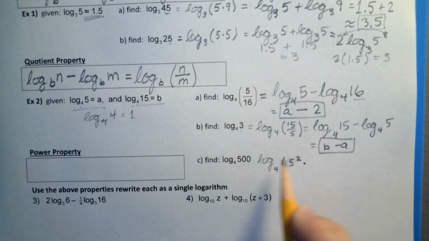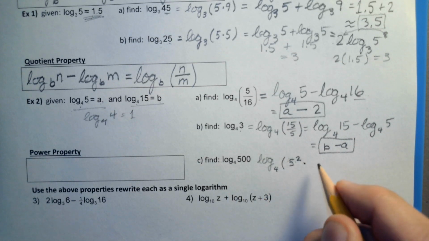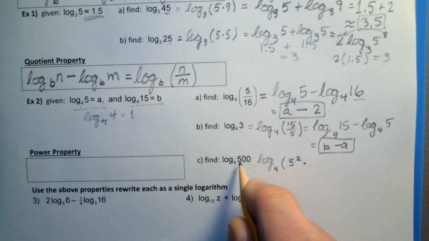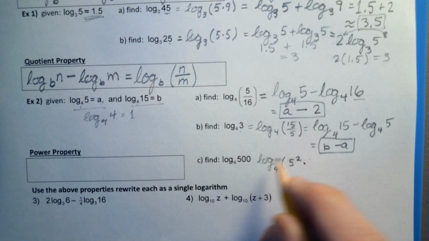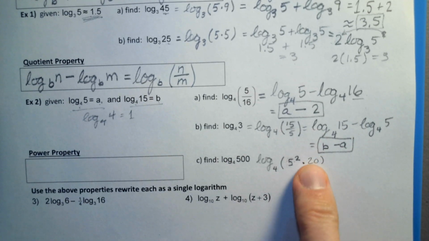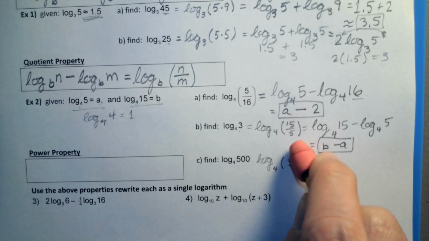And 5 squared is 25. 25 goes into 500, what? So 25 goes into 100 4 times, and there's 5 of them, so 20. All right, but there's another 5 in there too, so really we could do what?